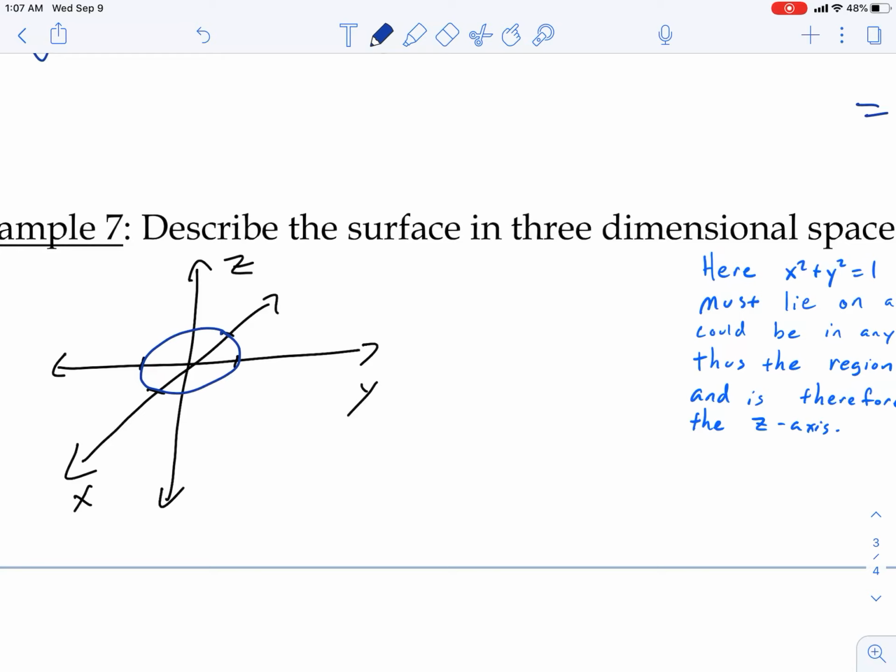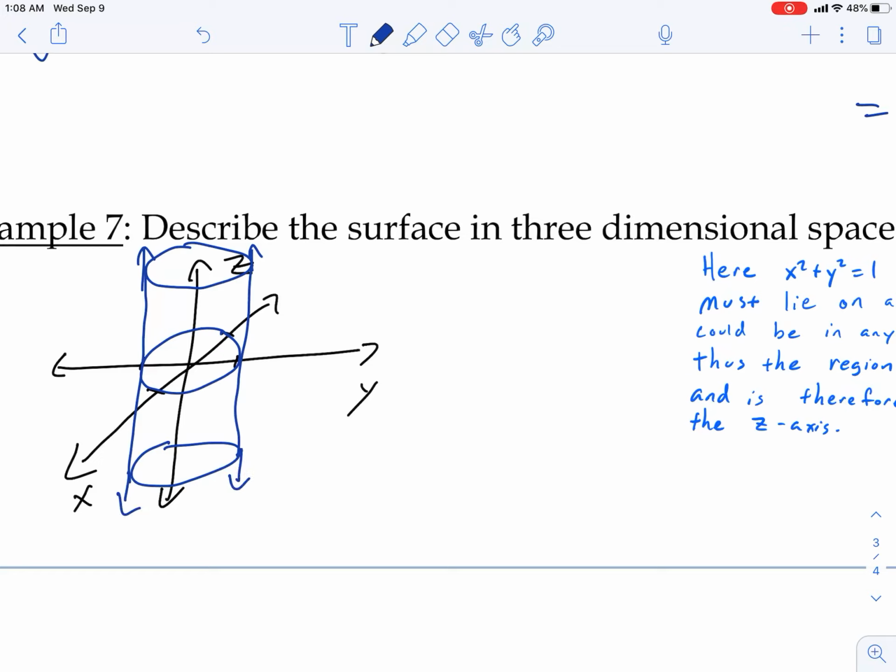The problem here is that z is not defined. If z was defined, say z was equal to 3, we would just bump this circle up 3 units, and we would be finished. But z is not defined. So therefore, z can be any real number that's possible. Because z can be basically any value possible, we're going to have a circular cylinder that is going to go up and down infinitely.